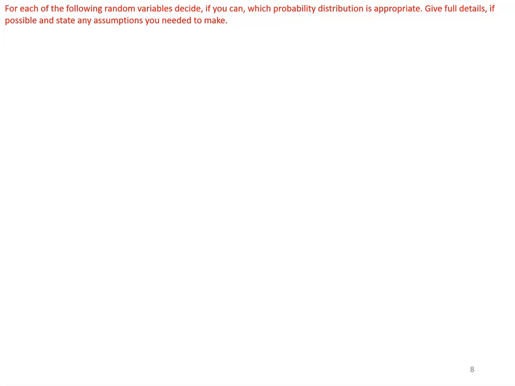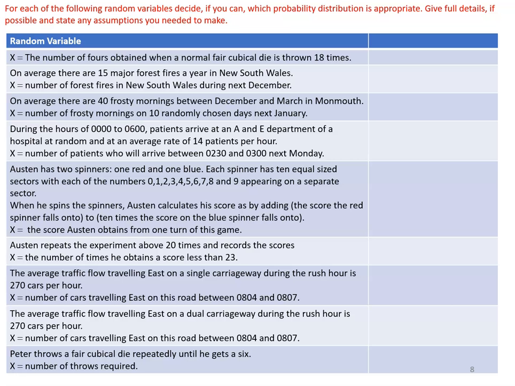Right, for each of the following random variables, I want you to think which probability distribution, if there is one, is appropriate. Give full details and, if possible, state any assumptions you needed to use that particular probability distribution. So pause your video at this stage and work through these different examples.